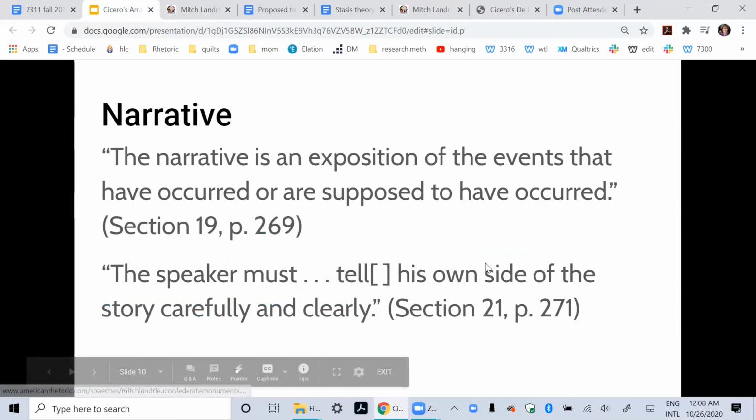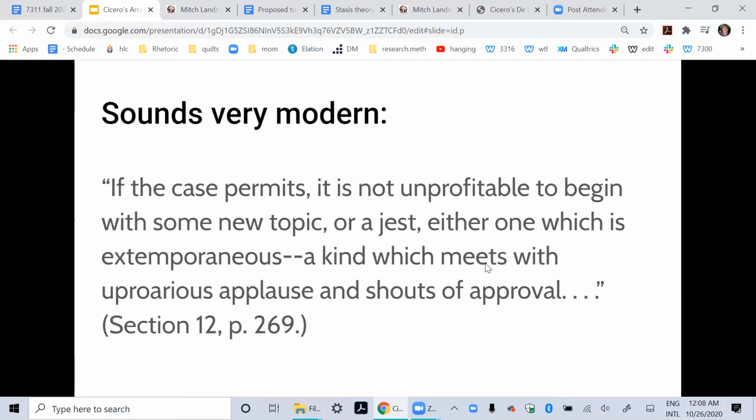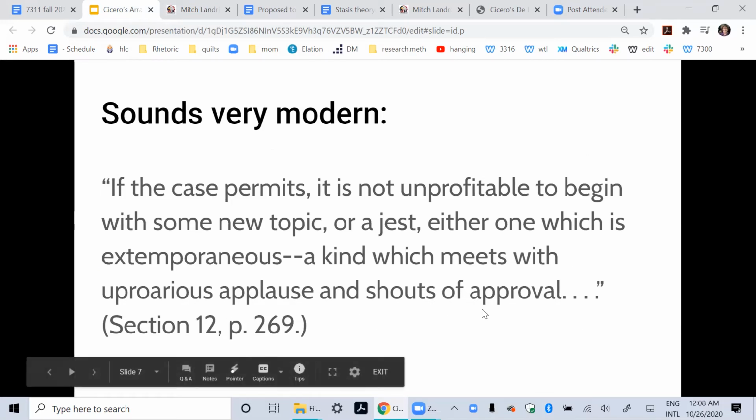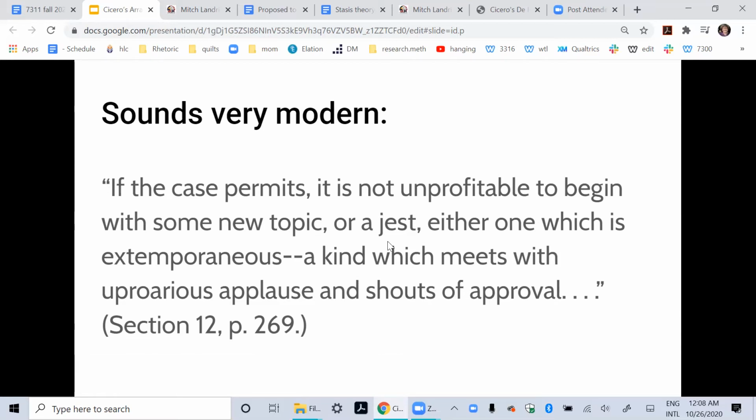He doesn't exactly get uproarious applause and shouts of approval, but he does get quite a good applause. And it's the kind of humor that comes out of sort of a joint sense of difficulty, I guess one would say.